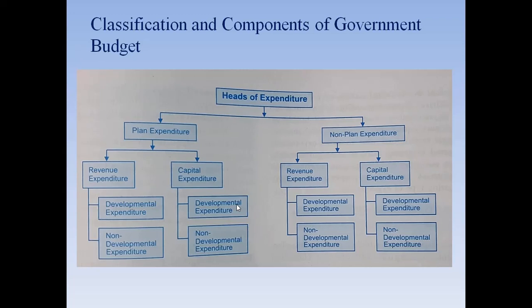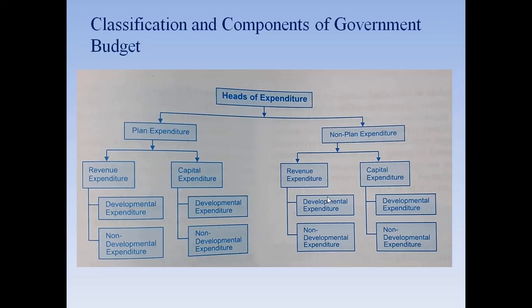Now the non-planned expenditure. Similarly, the non-planned expenditure is the same thing, but it is not planned. So it is also of two types, revenue expenditure and capital expenditure. And similarly, the revenue expenditure is also of developmental and non-developmental types. For example, because of a flood, a dam was broken.